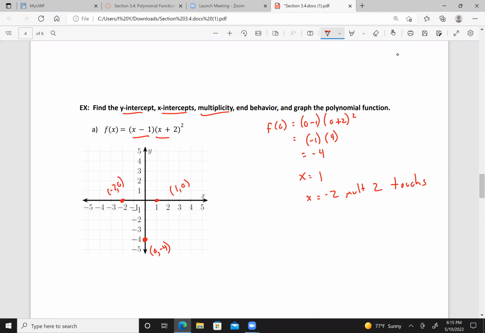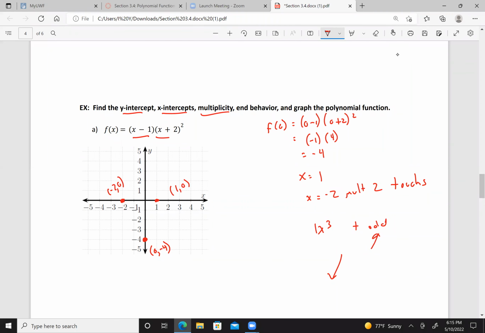Okay, so this is x times x squared, so it's x cubed, and it's 1, so it's positive. So it touches here. Positive odd. Positive odd means down this way and up this way.